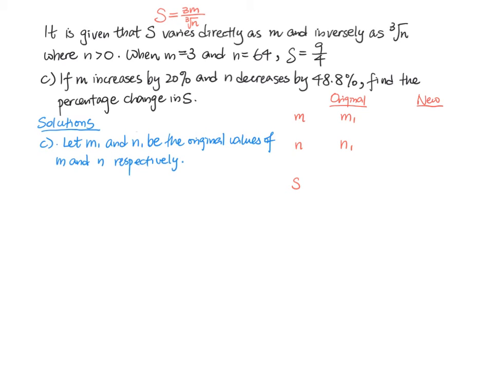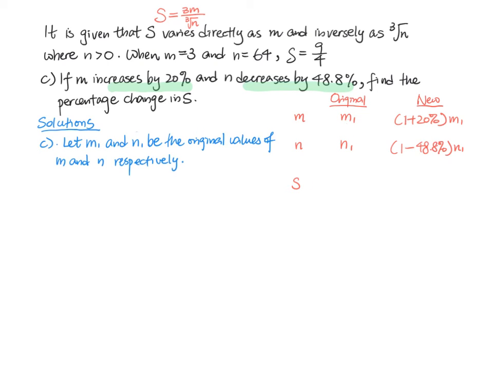So just like before, except we have to make initial values for M and N respectively. This is the starting point. And using this information and this information, we got the new values for M and N in terms of the old value. So what about S?